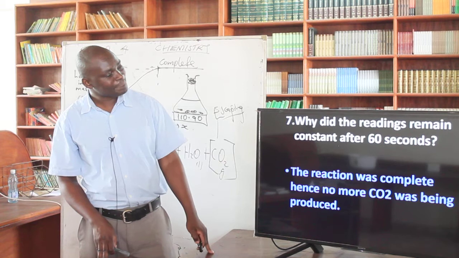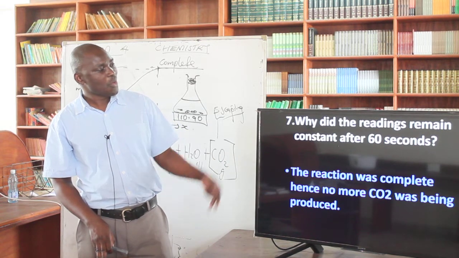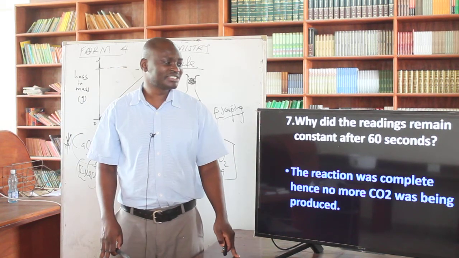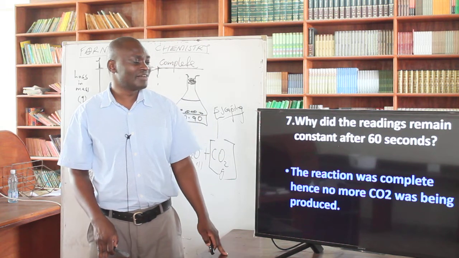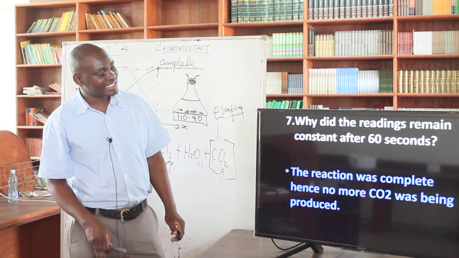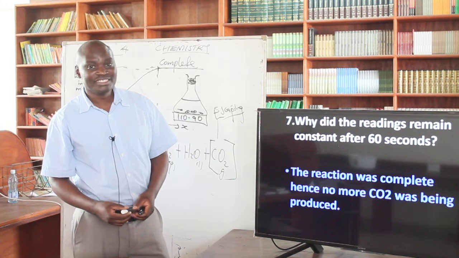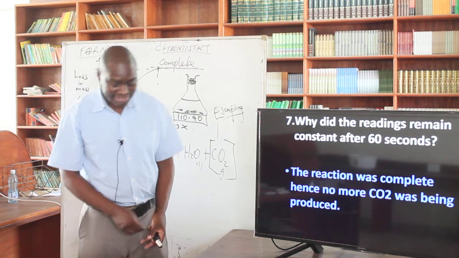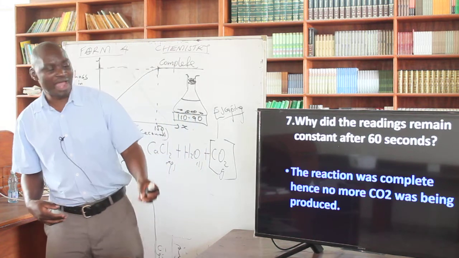Then question 7, we are asked, why did the readings remain constant after 60 seconds? In this case, it is 150, so that reading should be 150. Let us correct that.